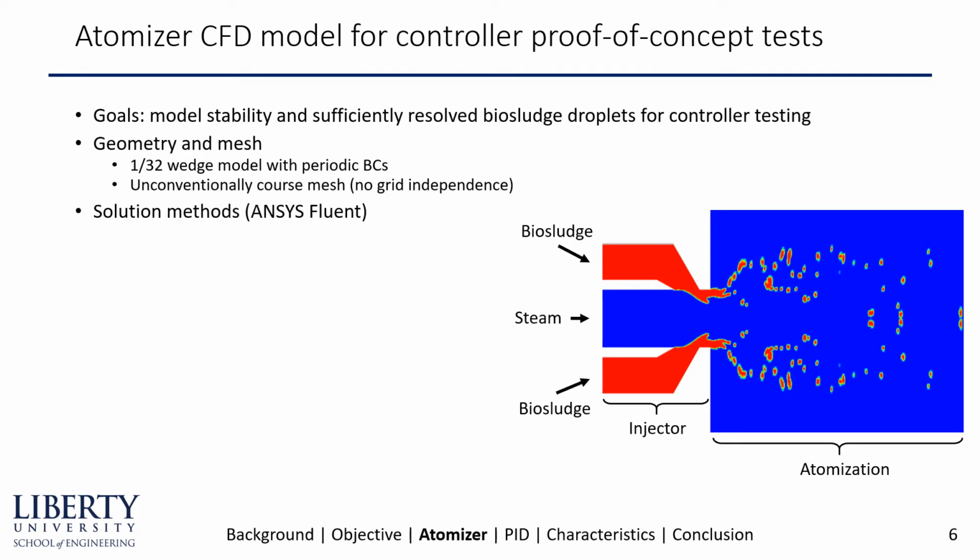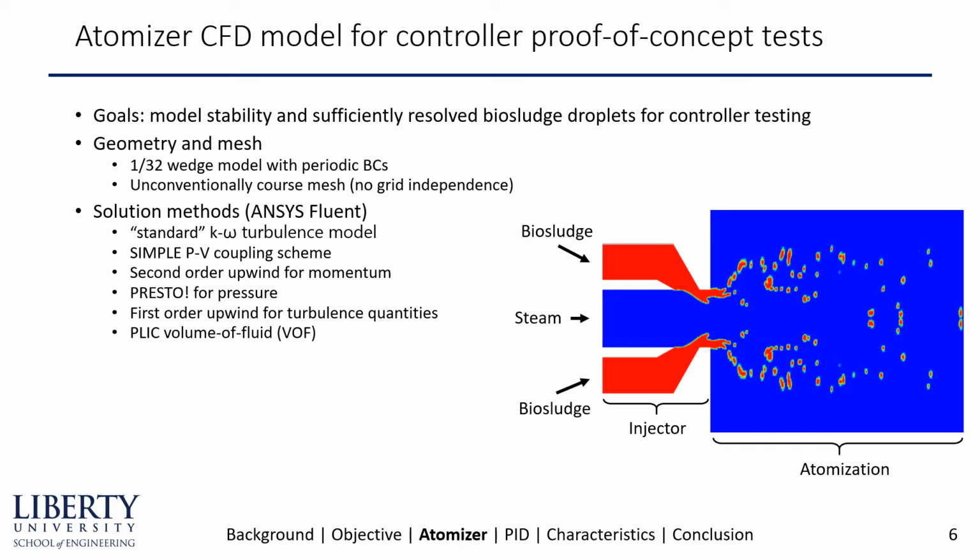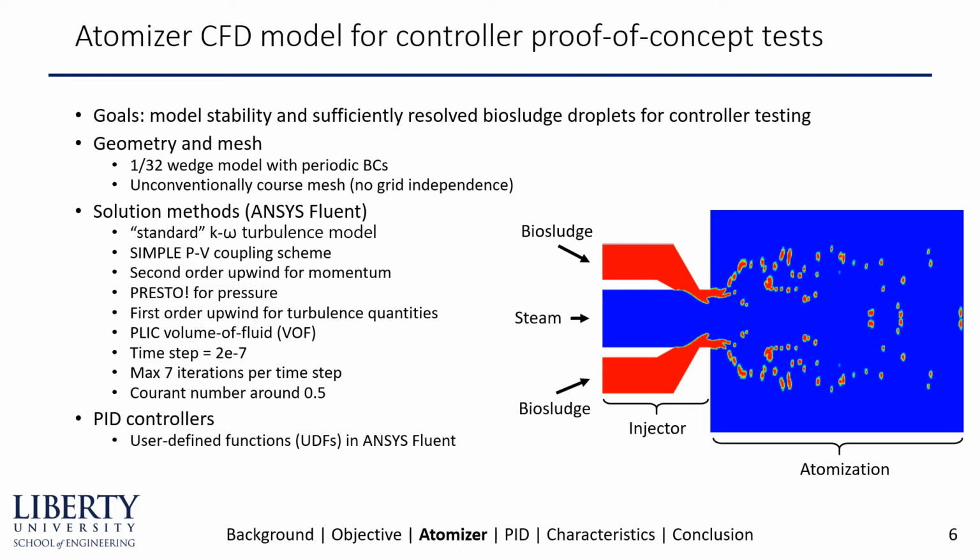We use ANSYS Fluent for our solver and standard k-omega turbulence model, SIMPLE pressure-velocity coupling scheme, second order upwind for momentum, PRESTO for pressure, first order upwind for turbulence, PLIC for VOF, time step of 2e-7, max of 7 iterations per time step, and our Courant number stays around 0.5. We implement the PID controllers as user-defined functions, or UDFs, in ANSYS Fluent.